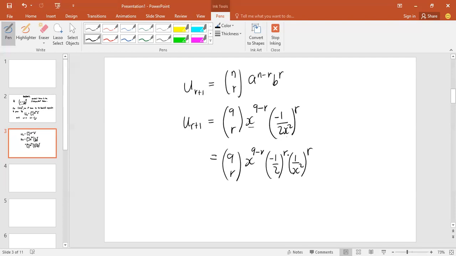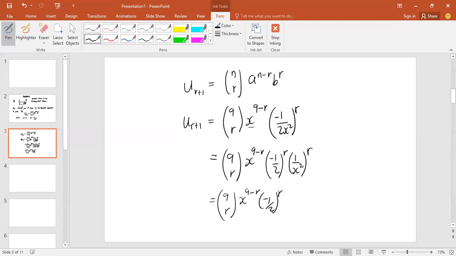I haven't done anything. I've just separated the negative, that's the negative raised to the power r. Then the x, I'll take it in the numerator. So this becomes 9 combination r, x to the power 9 minus r, then my negative 1 over 2 raised to the power r. Then I'll take the x in the numerator.